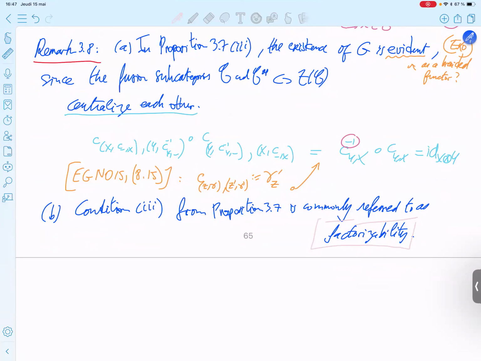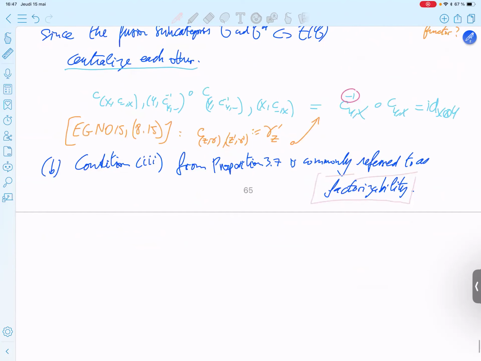Okay, so next corollary. The next corollary is just saying that the Drinfeld center of the fusion category is non-degenerate.